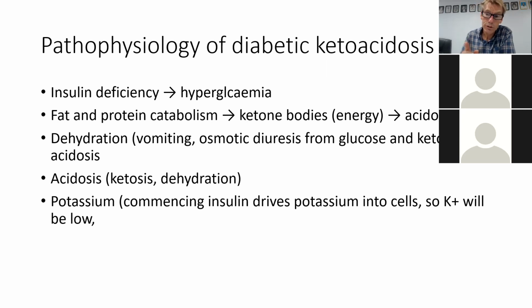And so the point is you should never start potassium in a child with diabetes until they start making urine. When they're making urine, then it's quite safe to start them on some extra potassium if their potassium is normal or low, because their whole body will be depleted of potassium. But you need to ask them if they're passing urine and see how much urine they're passing before you start them on potassium.